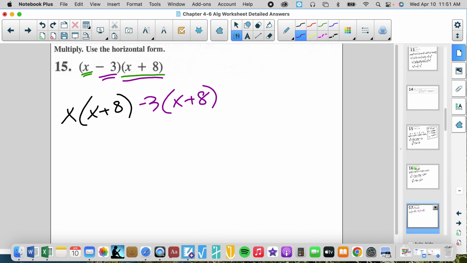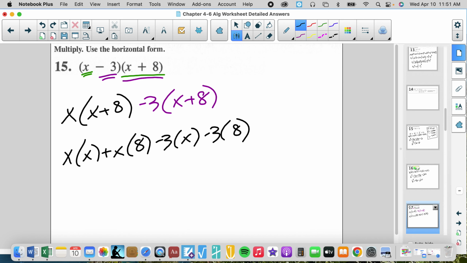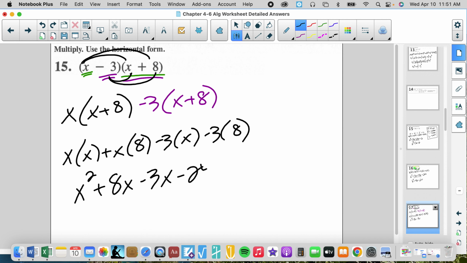And so now we get x times x plus x times 8 minus 3 times x minus 3 times 8. Same thing: first, outer, inner, last. We're still doing x times x, x times 8, negative 3 times x, negative 3 times 8. You get x squared plus 8x minus 3x minus 24. Your outside and inside can still cancel to make 5x minus 24.